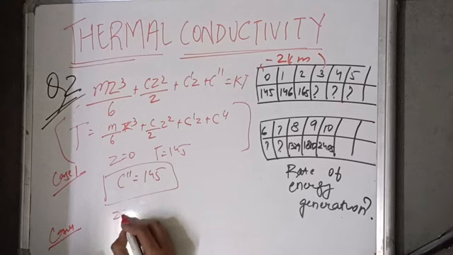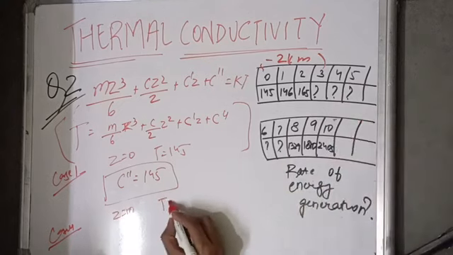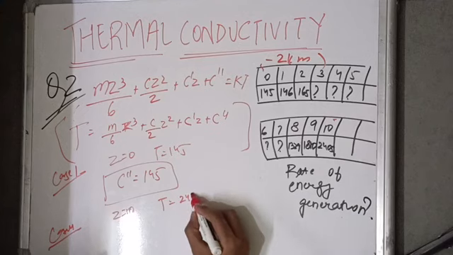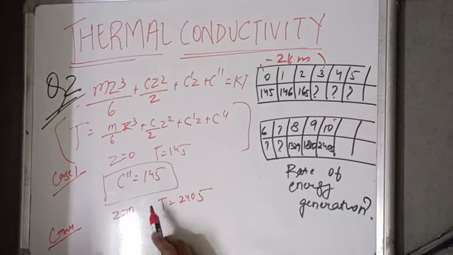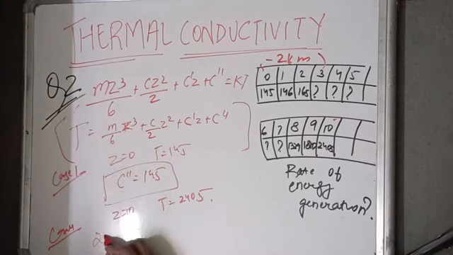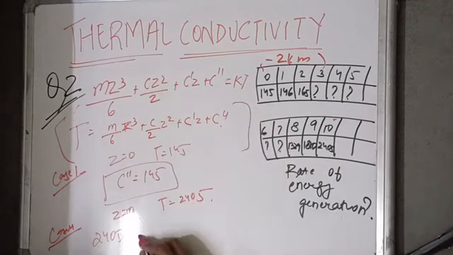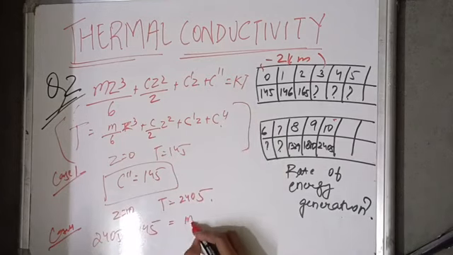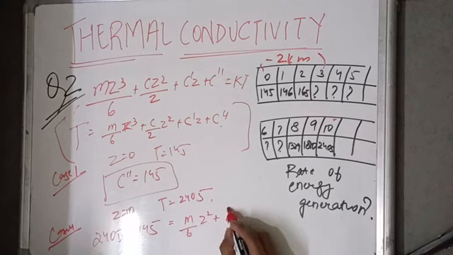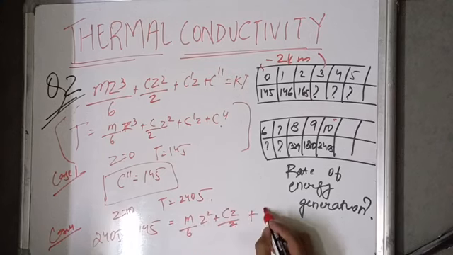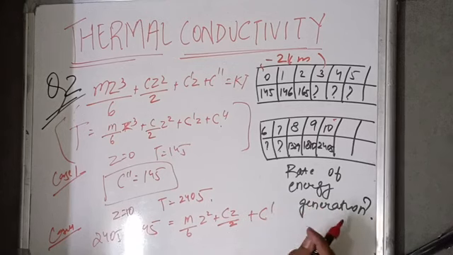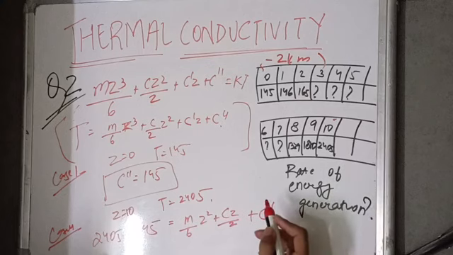Case 2, putting z equals 10, t equals 2405. Putting this value in this, we got 2405. We know the value of c double dash, 145. Taking this side, m by 6 z cube plus c by 2 z square plus c dash z.